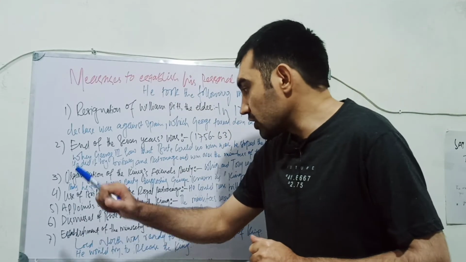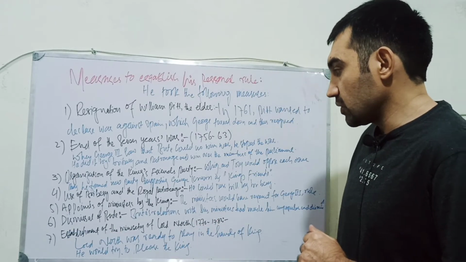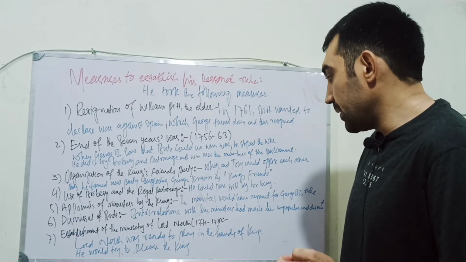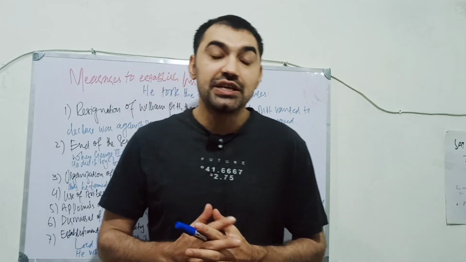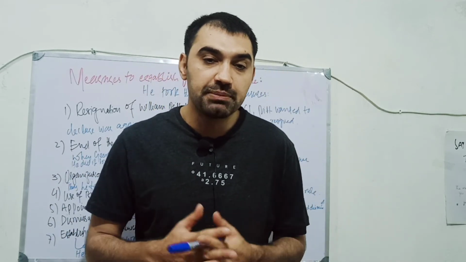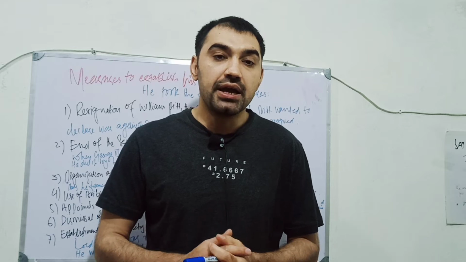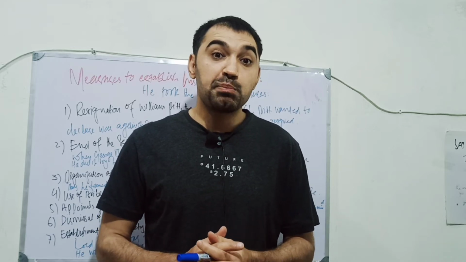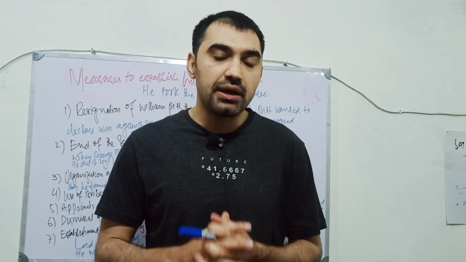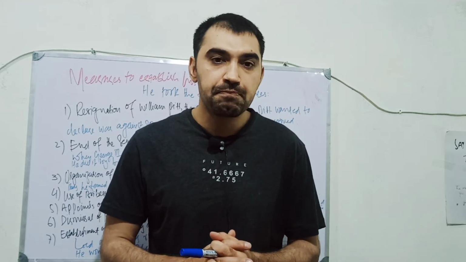The sixth important point was the dismissal of Bute. Bute was his teacher, as we talked about in the previous lecture. He had inflicted huge influence on George III.